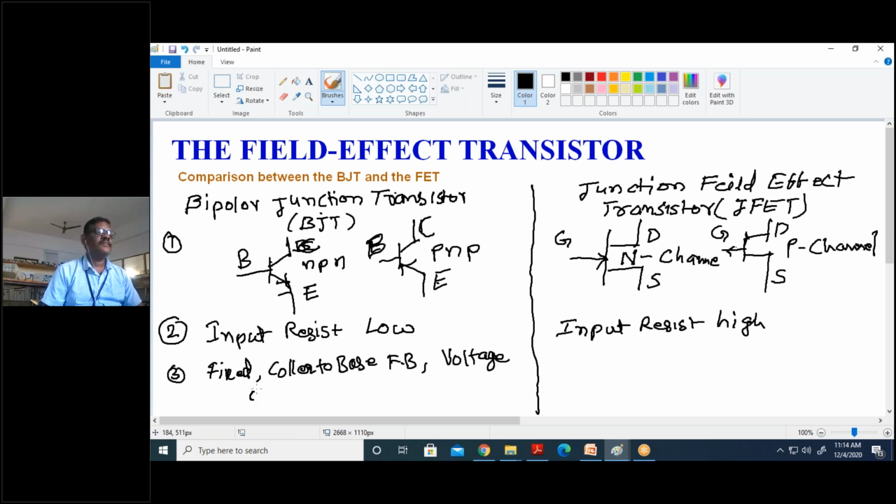But in JFET, self bias and voltage divider bias.